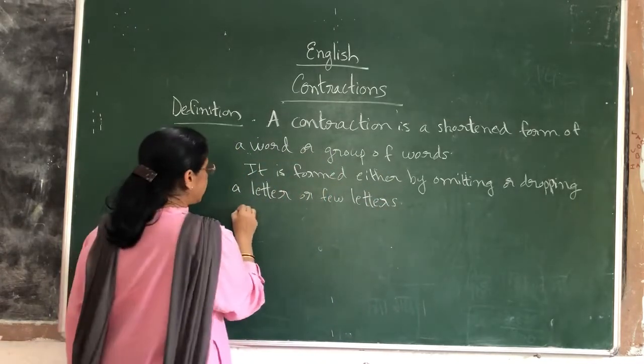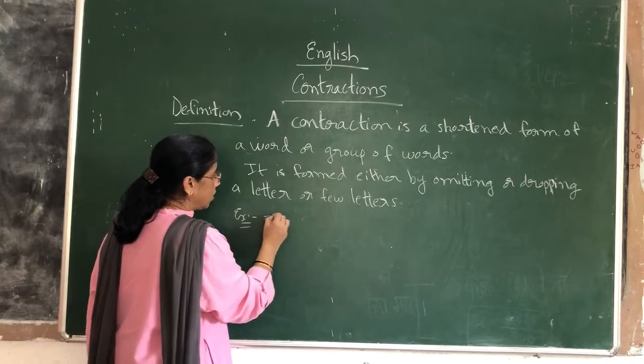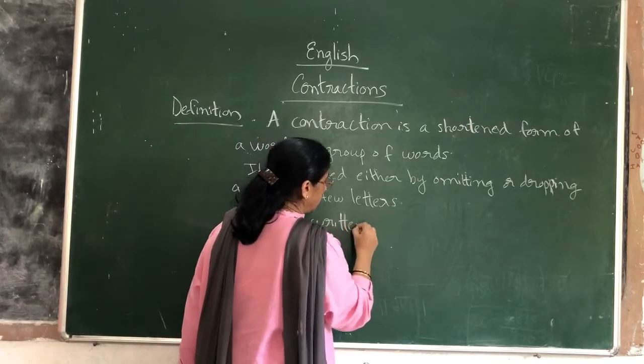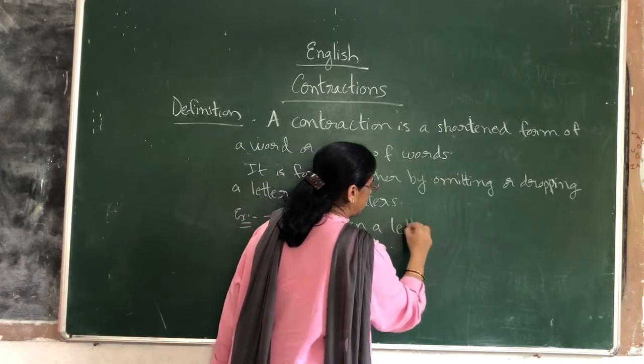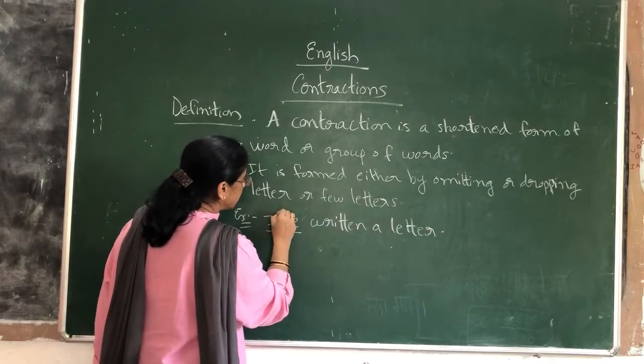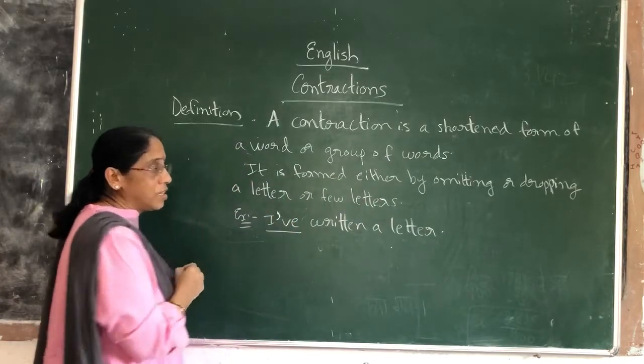Understood? So like example you see, I am just writing, I've written a letter. Okay, I've written a letter. See, what is this? What do they use here?